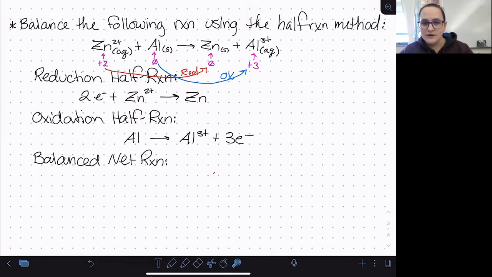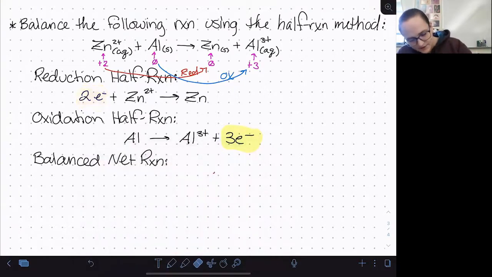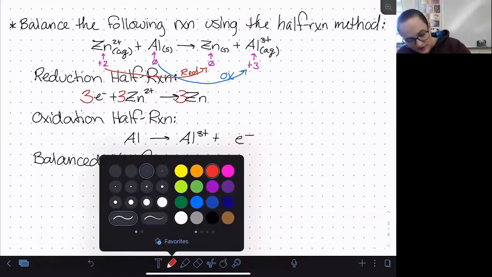So the one other thing we need to do before we add these back together is to multiply our coefficients in order to make these two numbers equal to one another. We currently have 2 electrons on the left, 3 electrons on the right. That's no good. So if we multiply this whole reaction through by 3 and our second half reaction through by 2, oops, but I can't do math.